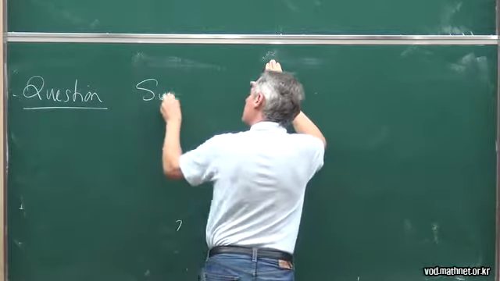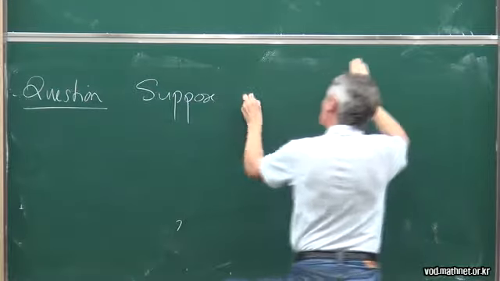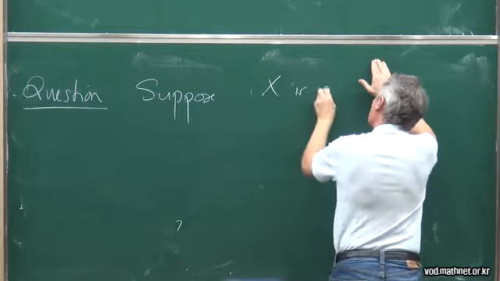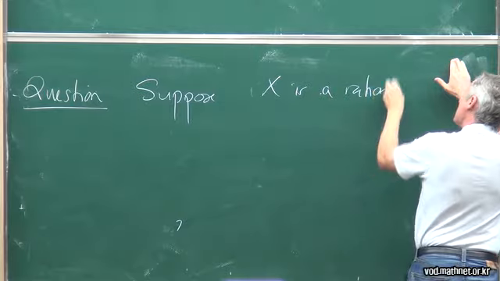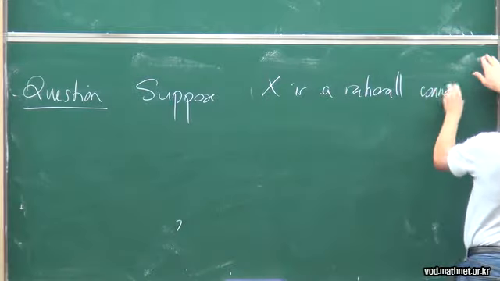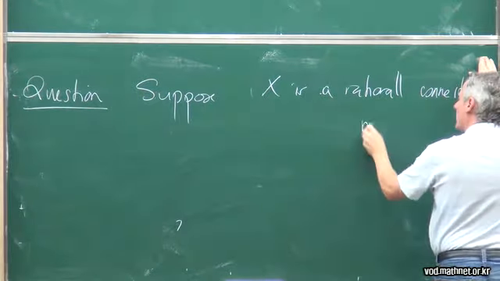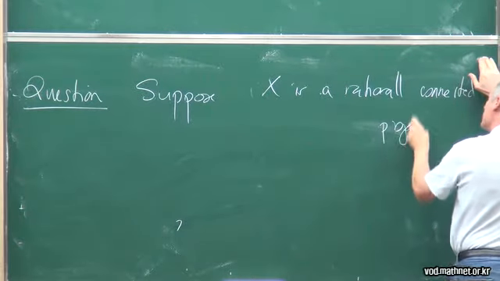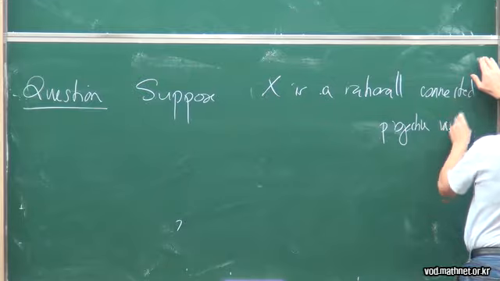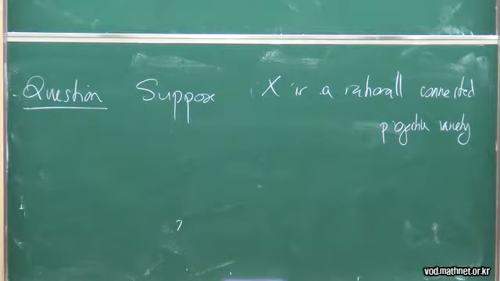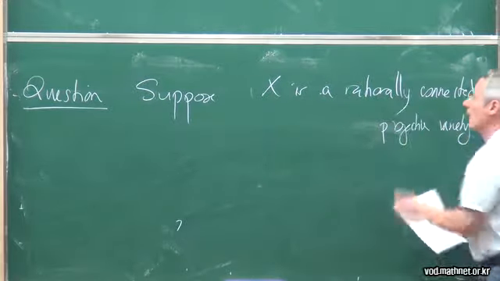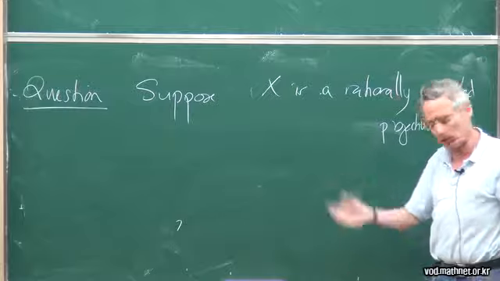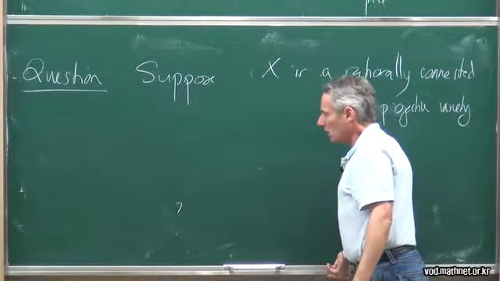Suppose X is a rationally connected variety. Let's say projective variety. So obviously that's a very nice thing. And one way to produce rationally connected varieties is to start with Fano manifolds, or in general, KLT Fano.